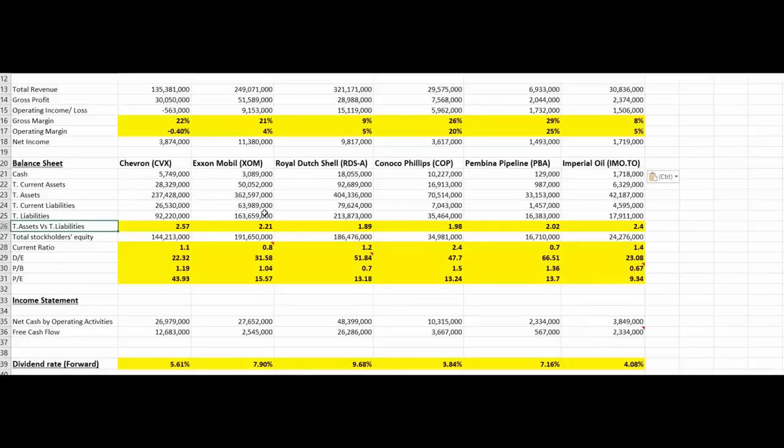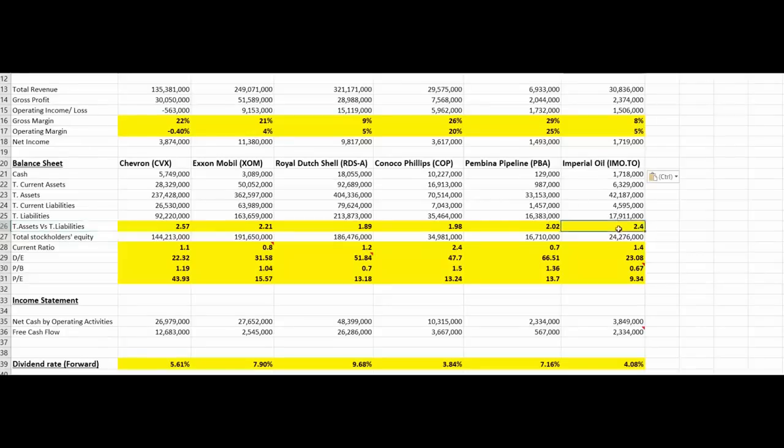It is considered to be, let's say, a stable company. So these two companies in the first column are above 2. That means they can pay off all of their liabilities 2 times. Then we have Royal Dutch 1.89, ConocoPhillips almost 2, Pembina Pipeline 2.02, and Imperial Oil 2.4.